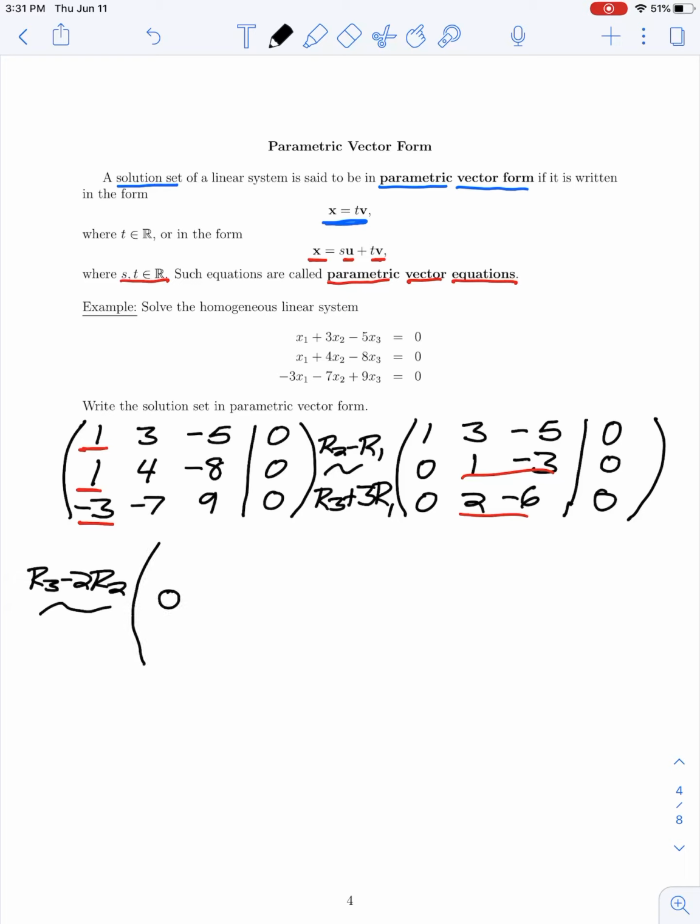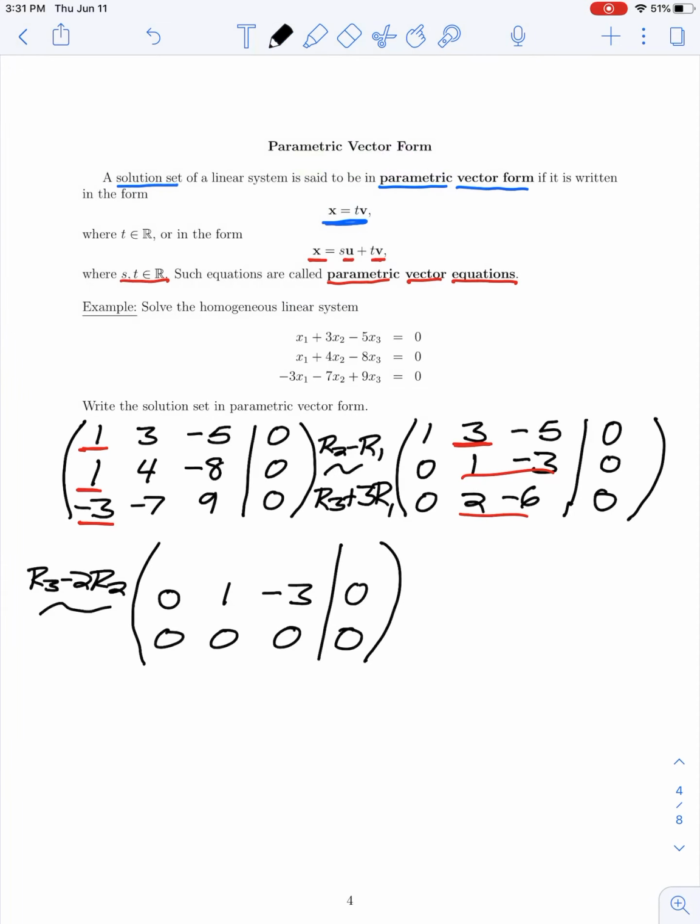So that would give me my second row as 0, 1, -3, 0. And when I perform this operation on my third row, I have 0, 0, 0, 0. Now in this same step, I want to try to eliminate the +3 that appears above the 1 in that lead coefficient for my second row.